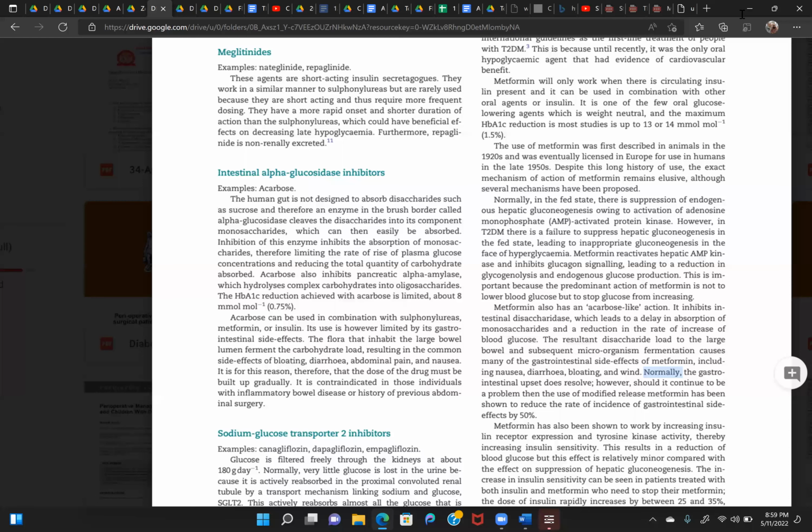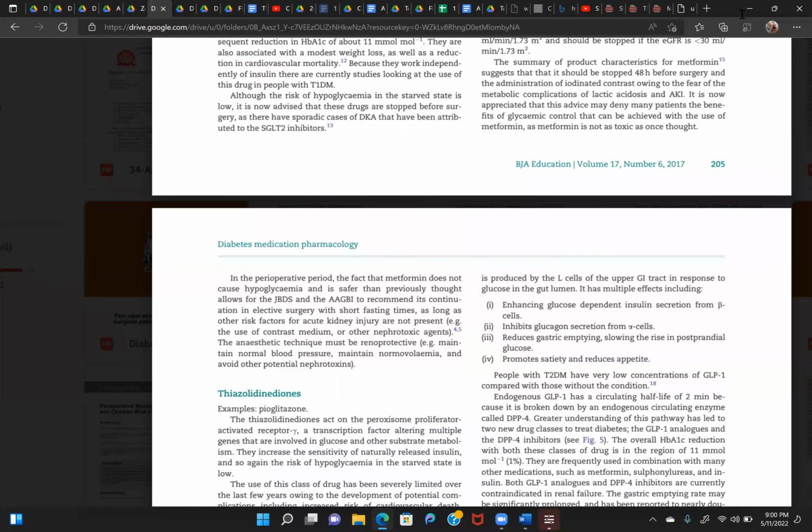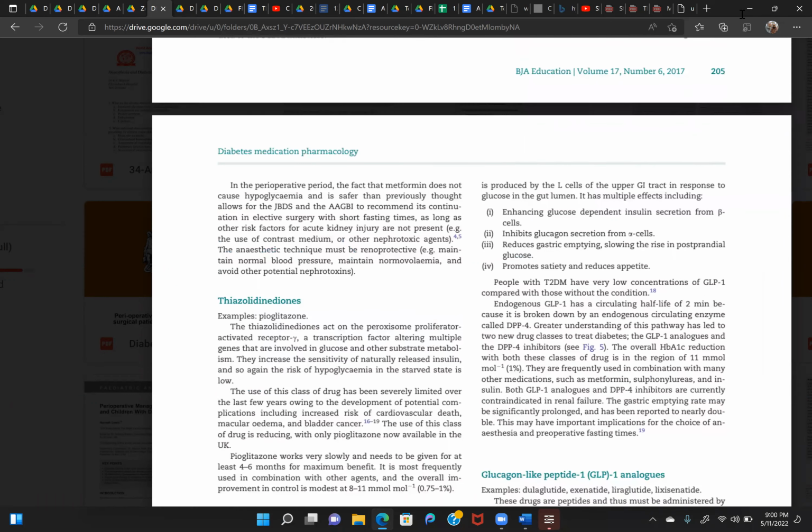What are the other uses of metformin besides diabetes? Yes, in PCOS, polycystic ovary syndrome, gynecological use, and weight reduction.